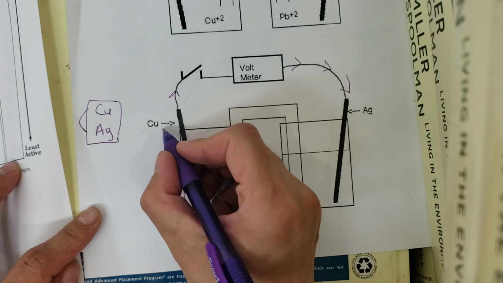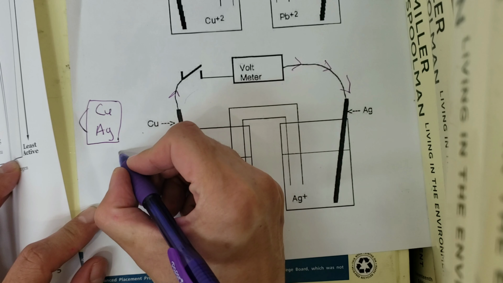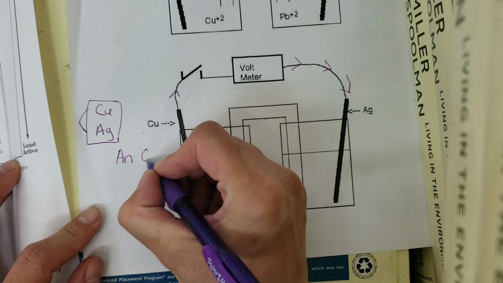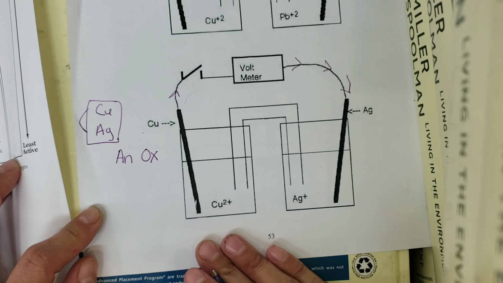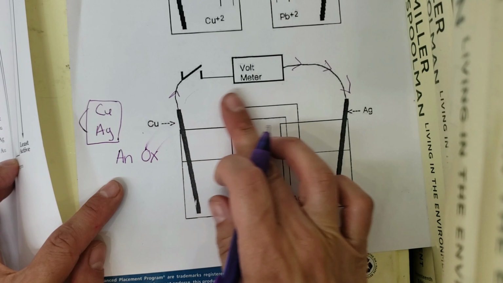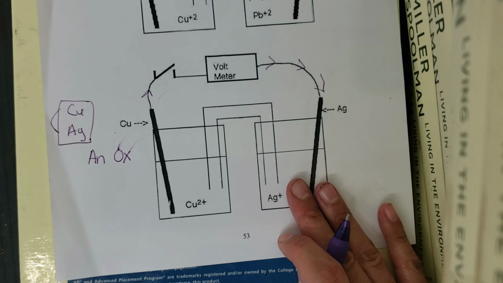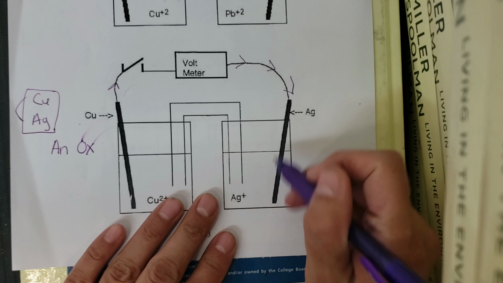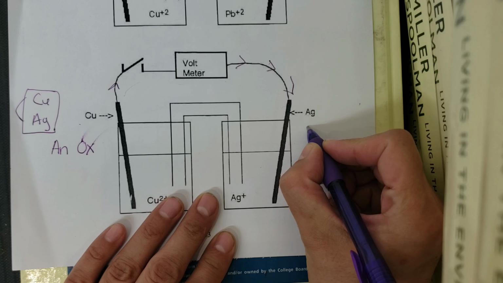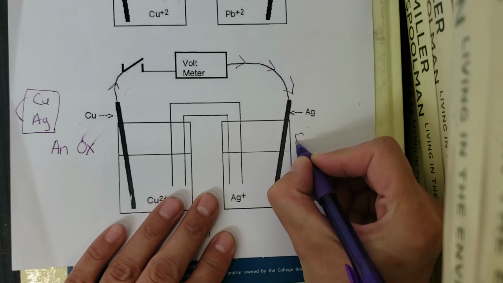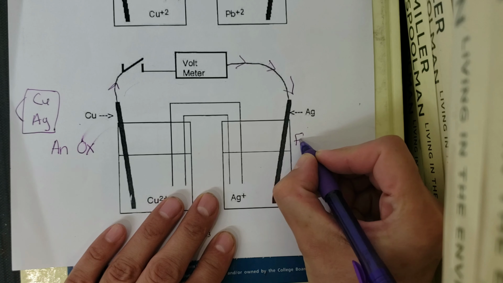As we recall, we always start at the anode, and that's the site of oxidation, and the electrons will flow through the wire. And from here, we're going to go towards the silver. The silver is going to be called the cathode, which we refer to as the fat red cat.